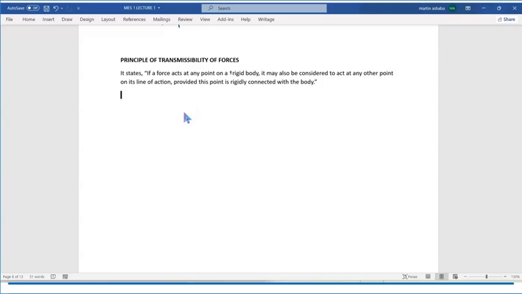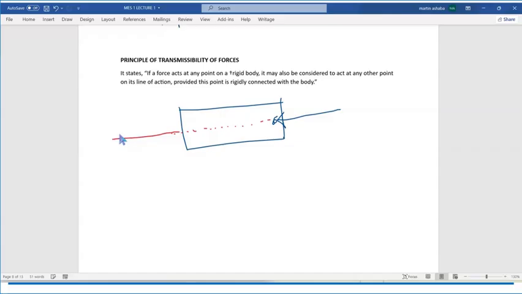If you have a body like this, and you happen to have a force acting here, the principle of transmissibility tells us that we can prolong along the line of action of this force to this point, as long as we don't change the direction of this force and the line of action, then this force remains the same as this.